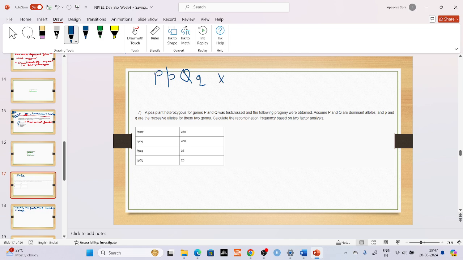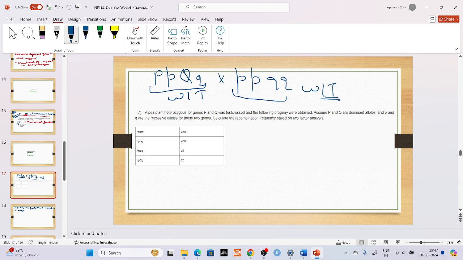That means it was crossed with ppqq. So a pea plant heterozygous for genes P and Q, that means one of the wild type, was crossed with its homozygous recessive form. So these are your parental classes.